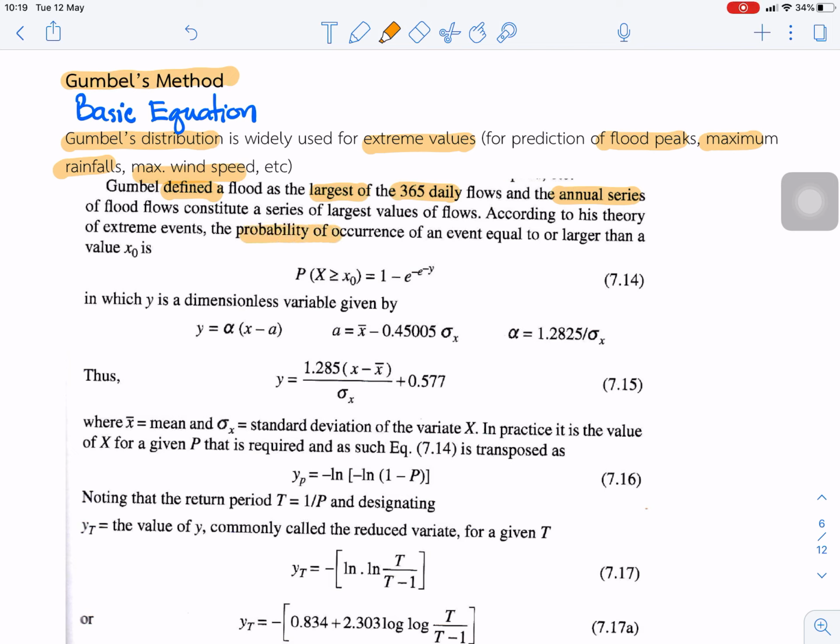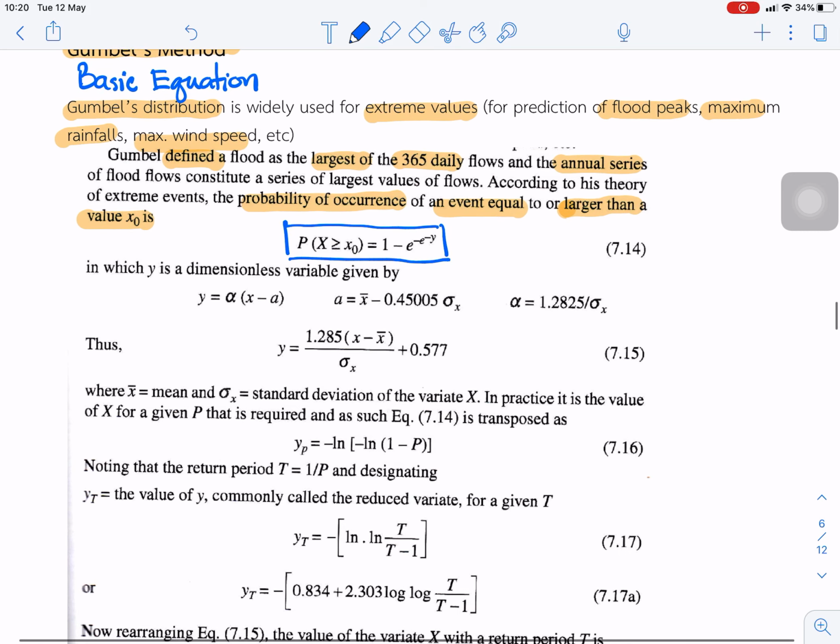The probability of the occurrence of an event equal to or larger than a value x naught, in this case the probability of an annual flood greater than x naught, is equal to 1 minus e to the power of negative e to the power of negative y.